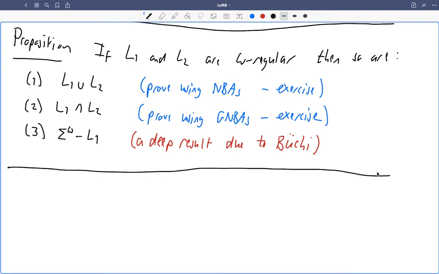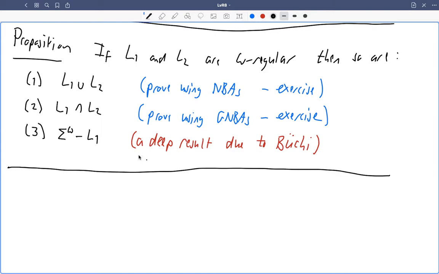Okay, so we have two different tools for recognizing omega languages, non-deterministic Büchi automata and generalized non-deterministic Büchi automata. Both are equivalent in power. In general, the generalized ones are a little more convenient to work with.